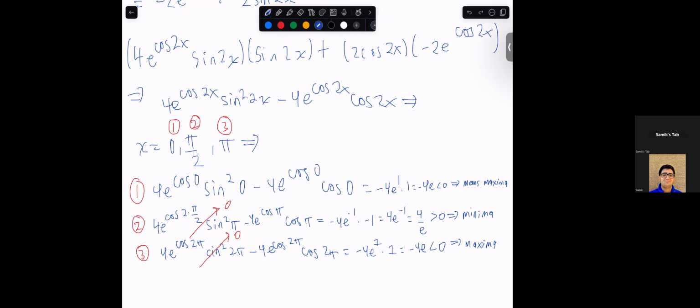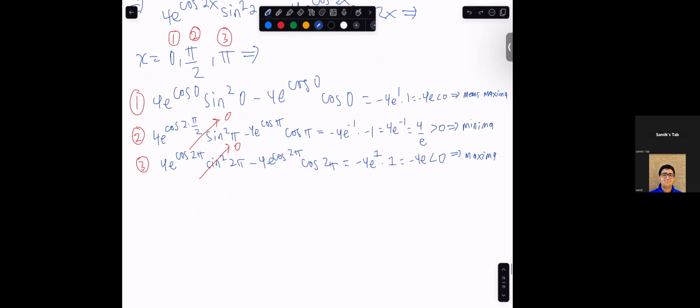So that means we write it as: hence 0 and pi are maxima, while pi upon 2 is minima.